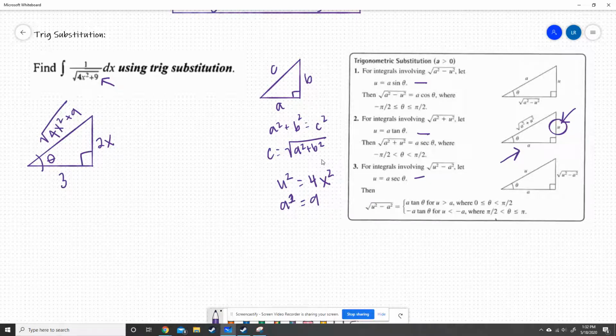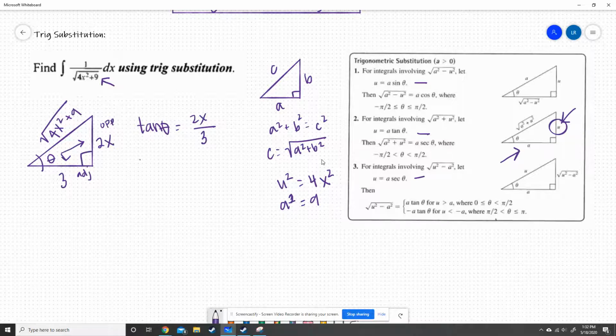Now, using right triangle trig, I could write all sorts of different ratios here. Tangent is opposite over adjacent. This is our opposite, and this is our adjacent. So the tangent of theta is going to be 2x over 3. That's kind of cool. Using that, I could figure out what theta is.